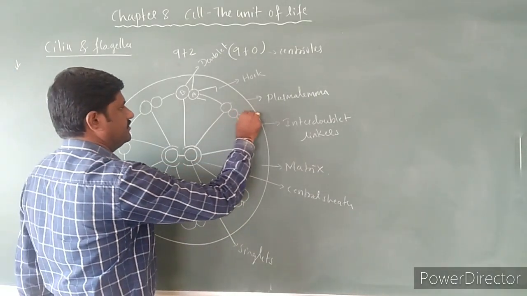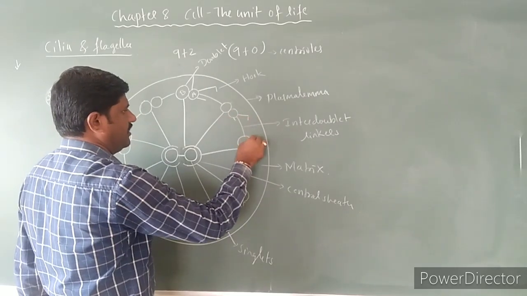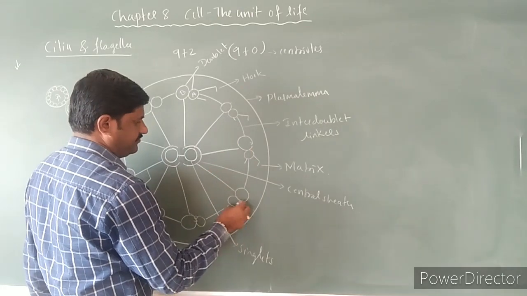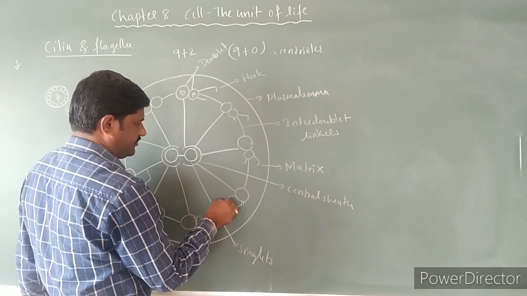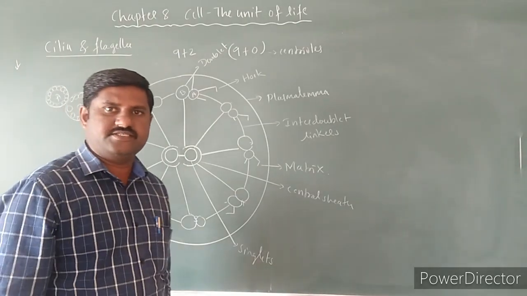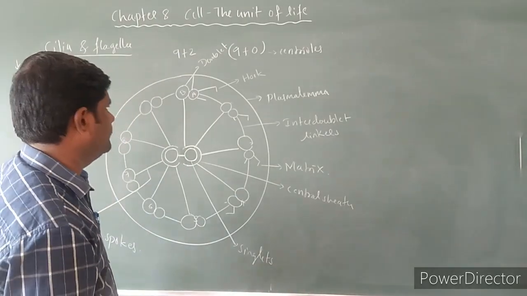Every A has a hook-like structure and a normal one. Like this, there are two extensions that we come across.